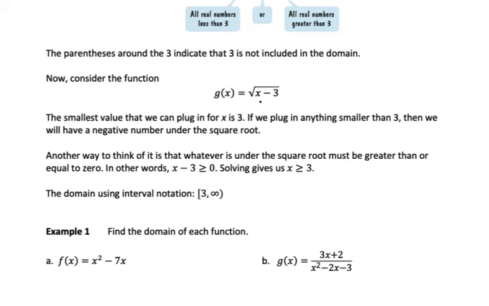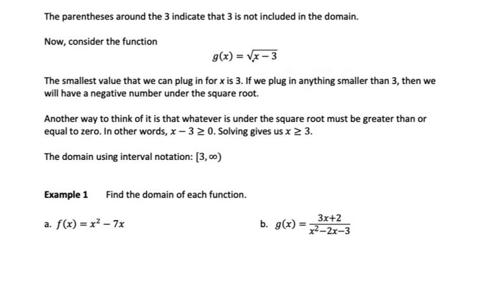If we plug in anything smaller than 3, then this under the square root will be negative, and we would be taking the square root of a negative number, which is not allowed. So what we're going to do is set whatever's under the square root sign greater than or equal to 0. So in this case, it will be x minus 3 greater than or equal to 0, and solving for x gives us x greater than or equal to 3 by adding 3 to both sides.